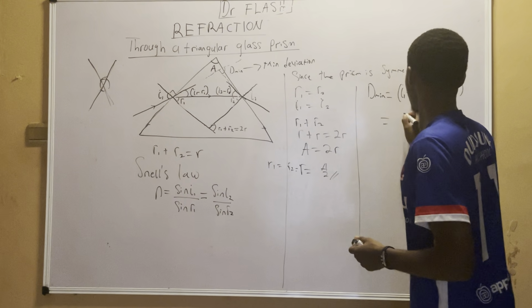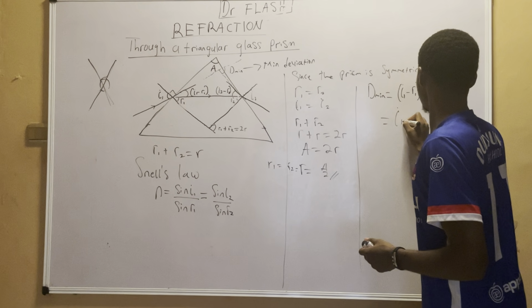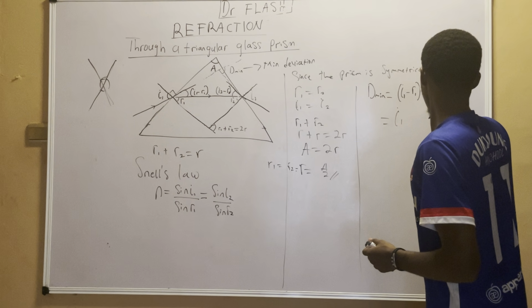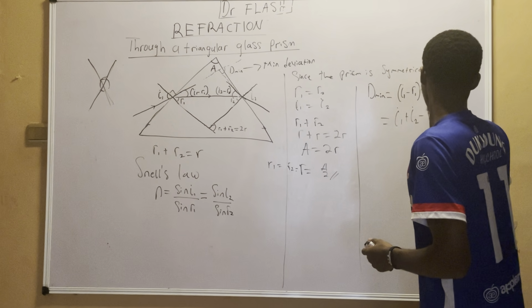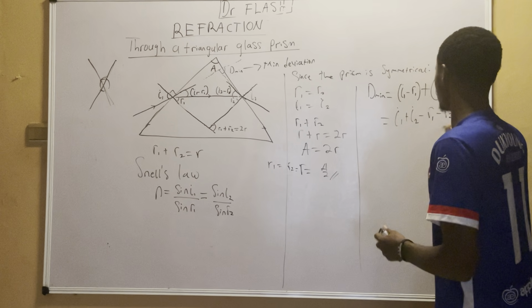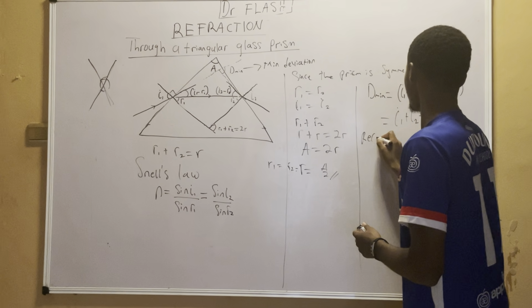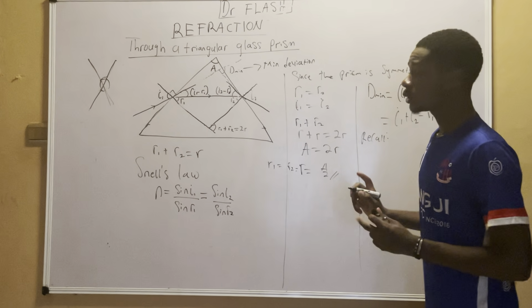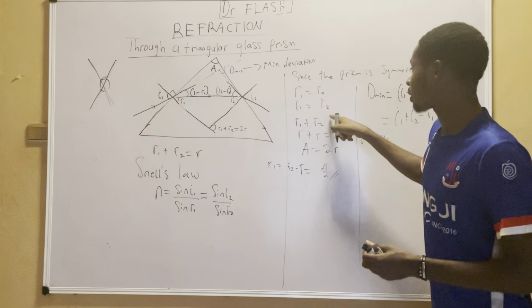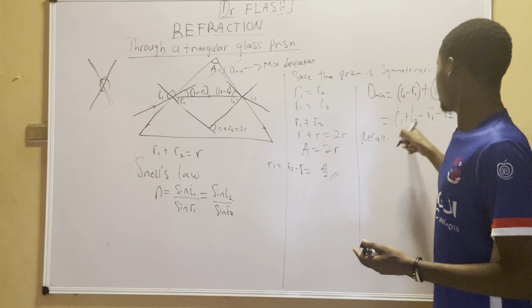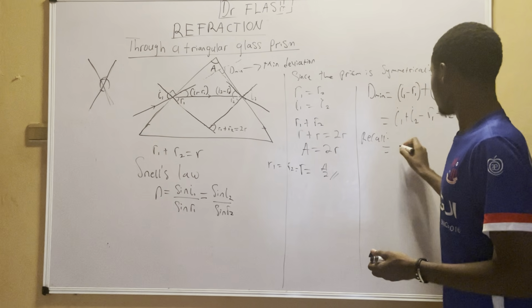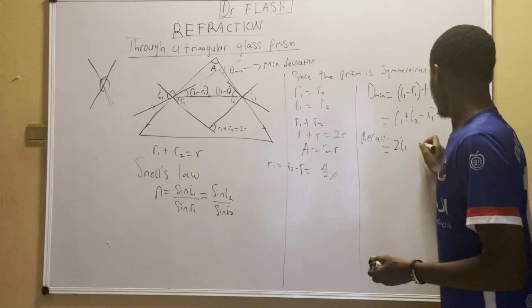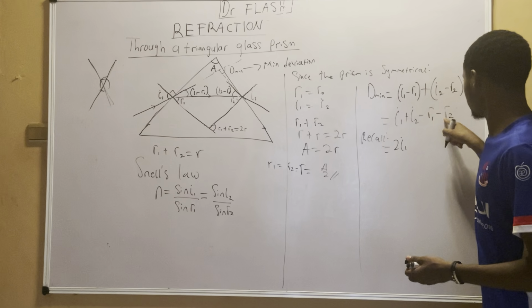That's going to be equal to I1 plus I2, minus R1 minus R2. Now if you recall, we did say that I1 and I2 are equal, so I can replace I2 with I1. If I do that, I'm going to get I1 plus I1, that's 2I1, minus R1 minus R2.